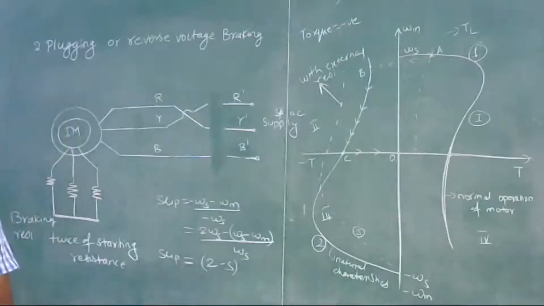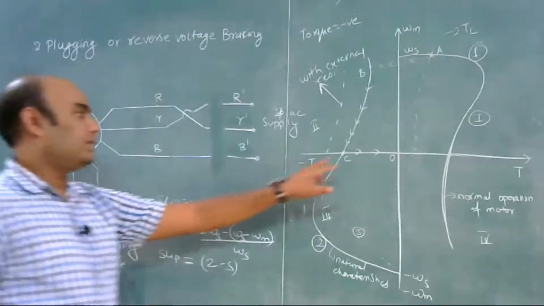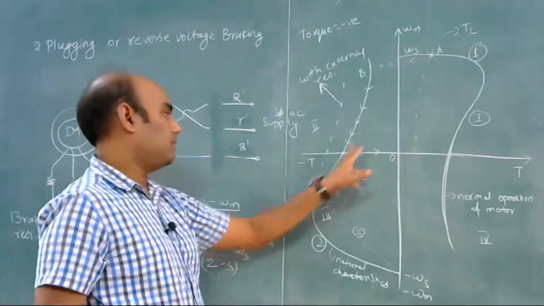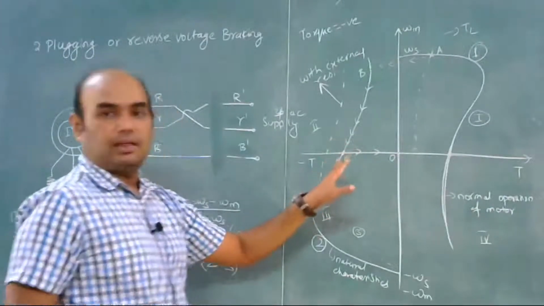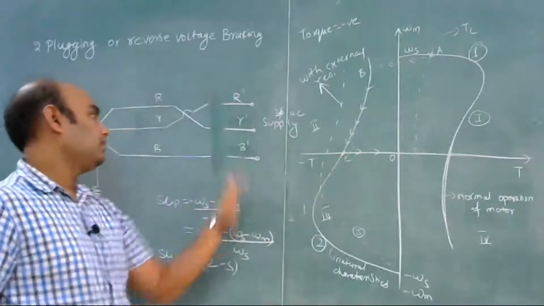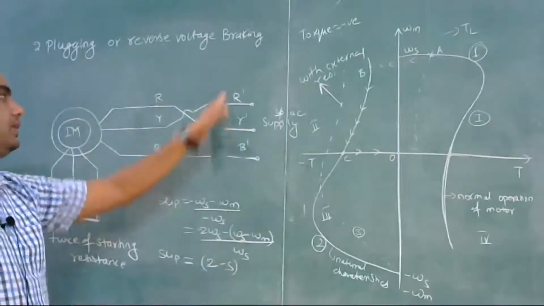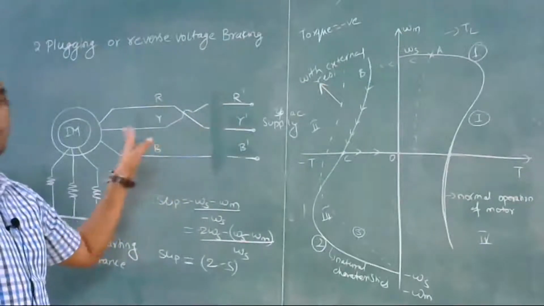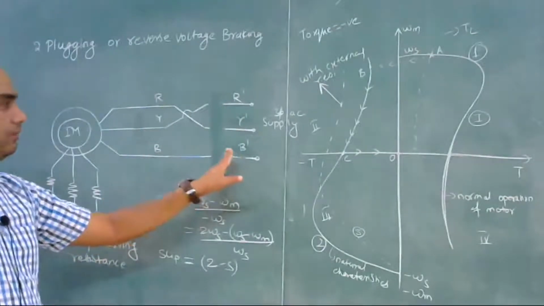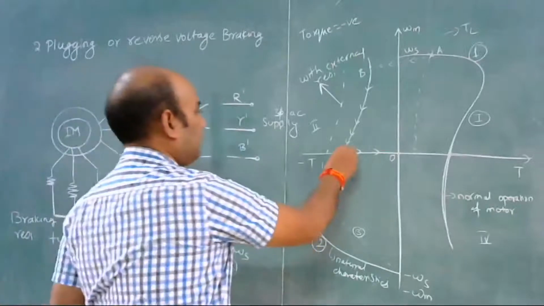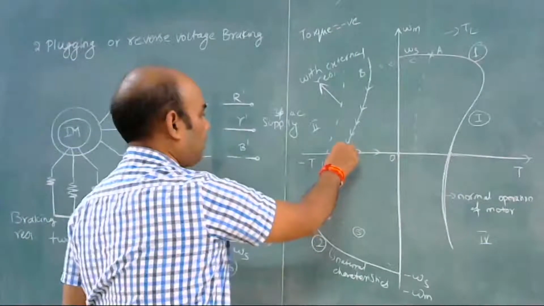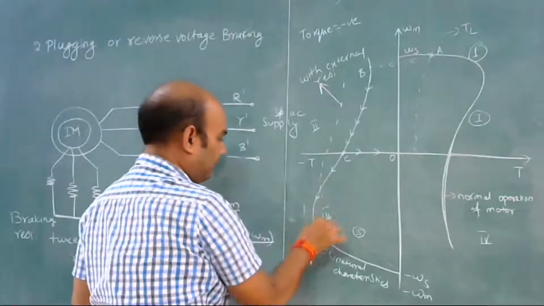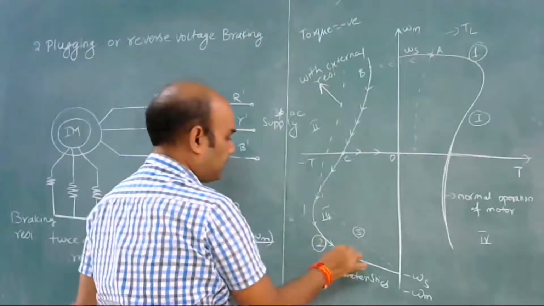We require a detector which detects zero speed and disconnects the three supply terminals connected to the motor. If we don't disconnect the motor at this point, it will continue to accelerate in the reverse direction.